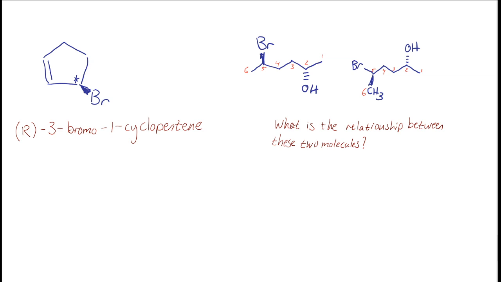We can just find the configuration of each stereocenter, and if they're the same, they're the same, and if they're not, then we can deal with that relationship. So let's do that. Find the configuration of each stereocenter in those molecules. Carbon 2 and carbon 5 are the stereocenters. Determine their configuration, and then we'll see what we've got.